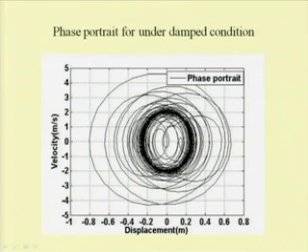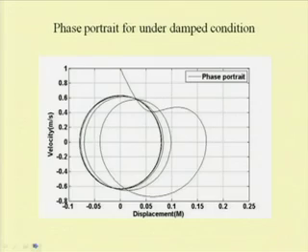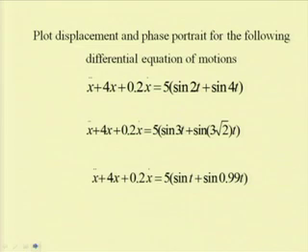This curve shows the steady state part, starting from an initial condition. So, they show both transient and steady state parts for this underdamped condition and for the critically damped condition. This phase portrait represents the critically damped case and this represents the underdamped case.